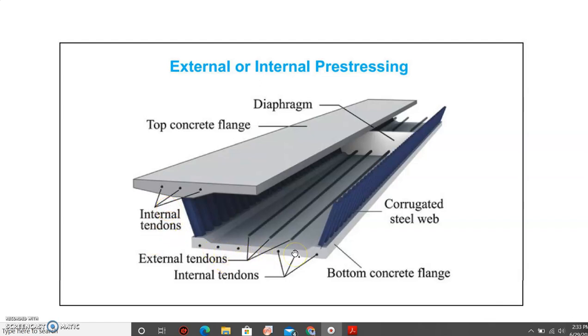In the bottom concrete flange, external tendons are provided as well as internal tendons. The external tendons are provided outside of the bottom concrete flange, hence this is called external pre-stressing. Few tendons are placed within the concrete flange, which is known as internal pre-stressing.